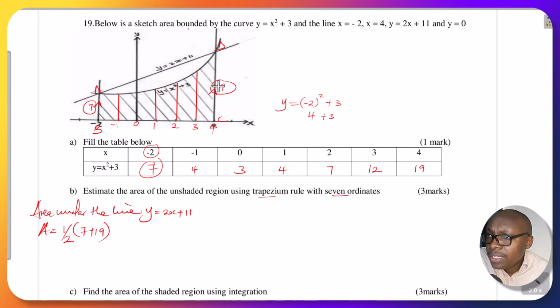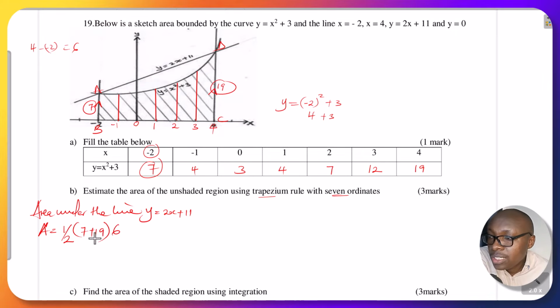The sum of the two parallel sides times the height. The height will now be this distance, that interval from -2 to 4. You can even count: 1, 2, 3, 4, 5, 6. That is 6 units. So 4 subtract -2 is 6 units.